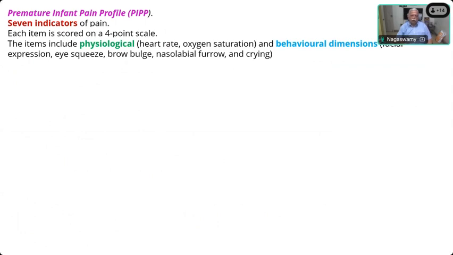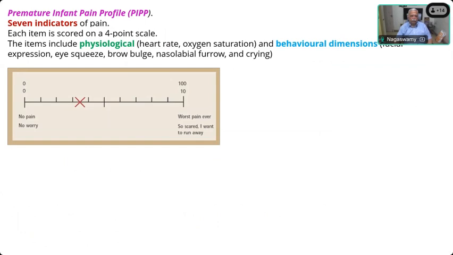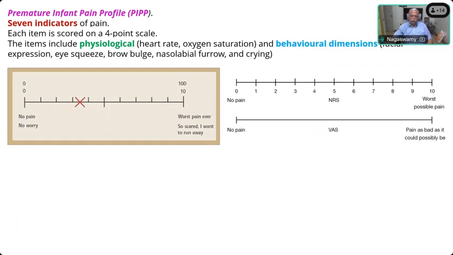One is physiological response like heart rate, oxygen saturation, then behavioral dimensions like expression, eye squeeze, brow bulge, etc. So this is the visual analog scale where the child can mark the pain and you measure the distance, and this is also very useful for research purposes. VAS is used mostly for research to assess pain post-operatively, and this is the numerical rating scale and the VAS scale. So this flat line you can draw here, whereas here you can say by the number.